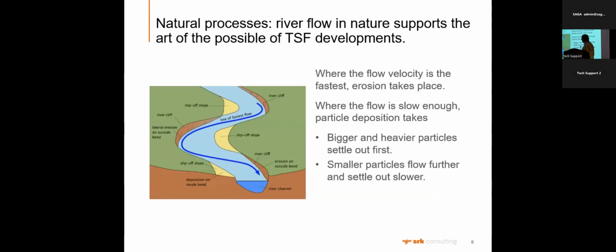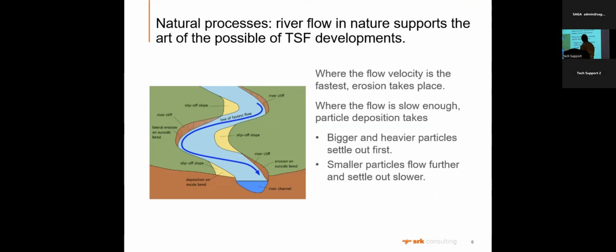Tailings dam technology can be summarized on this slide if you consider natural processes. Where the flow velocity is fastest, erosion takes place. And if you deposit too much tailings in too small an area, you erode the beach.